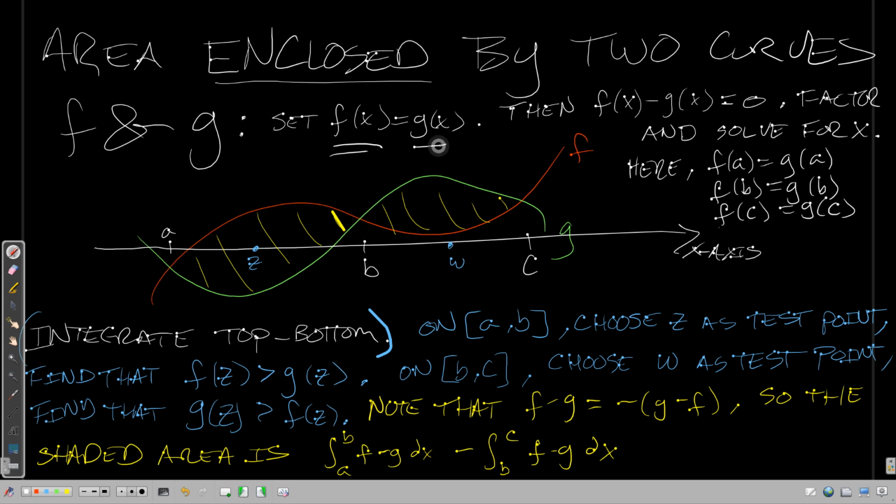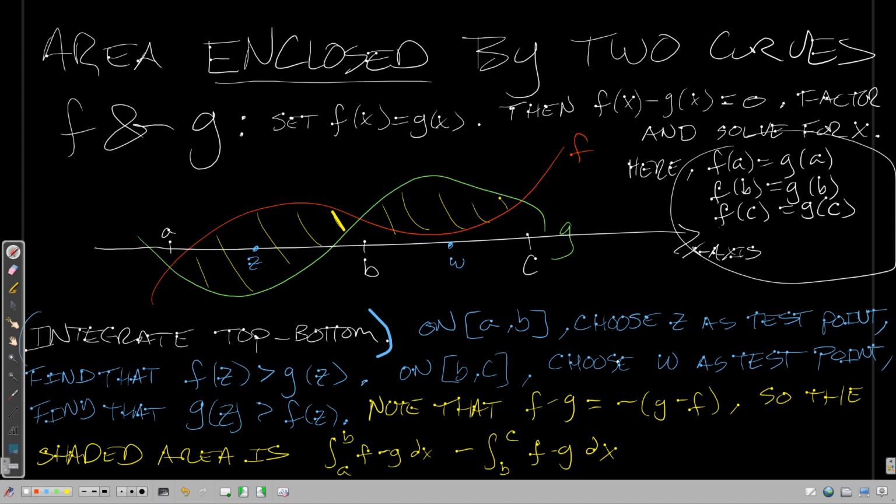F of x is a y value and g of x is a y value. If I force them to be equal, then it will pop out which x values cause that to happen. To figure that out, you put it equal to 0 by moving the g of x to the other side and factor. Then you can solve it for x.